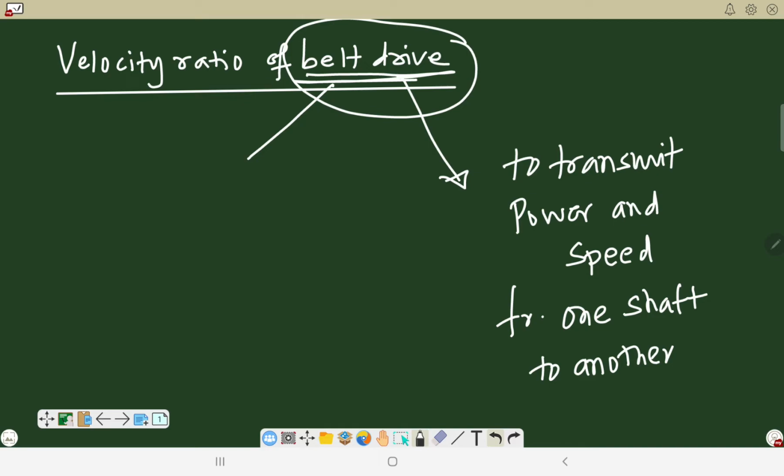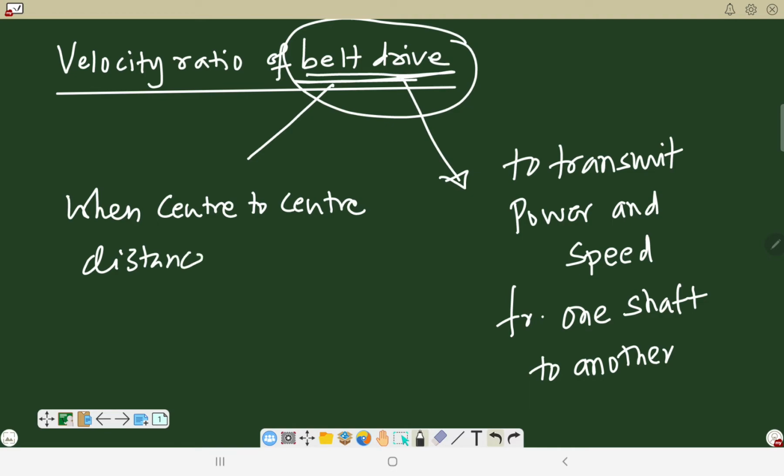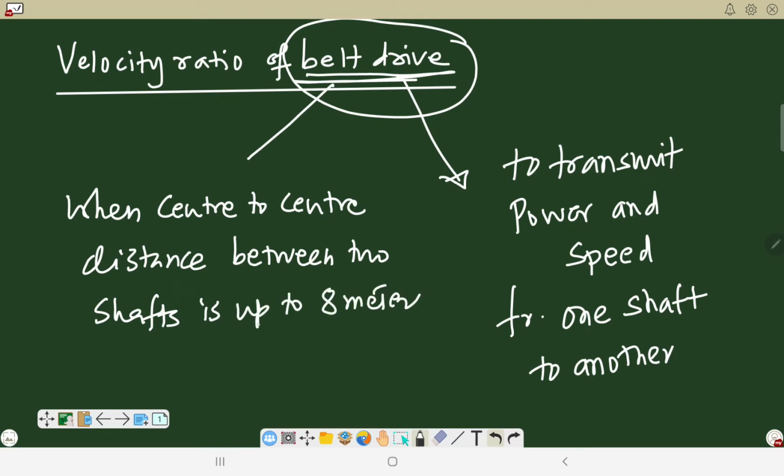We have seen the meaning of belt drive in the last lecture. When the center to center distance between two shafts is up to 8 meters, then belt drive is used to transmit the power.